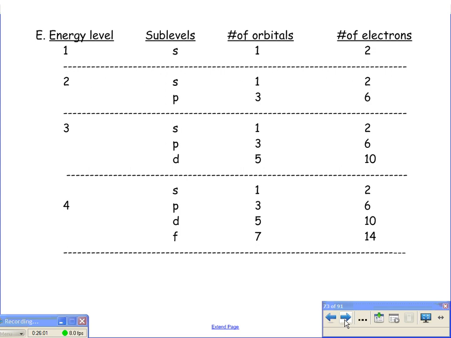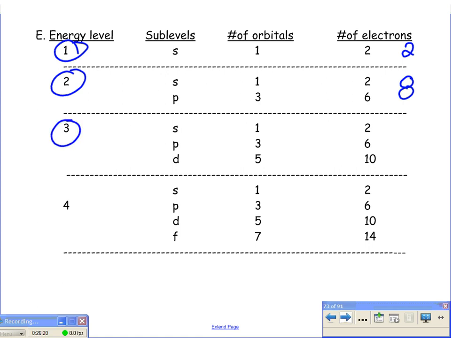Now, for the energy levels, the first energy level can hold a total of 2 electrons. The second energy level can hold a total of 8 electrons.